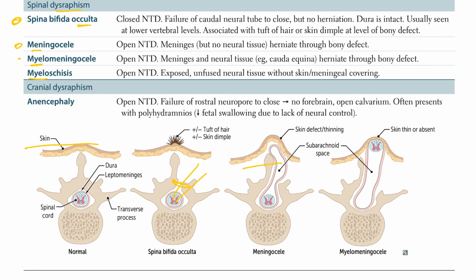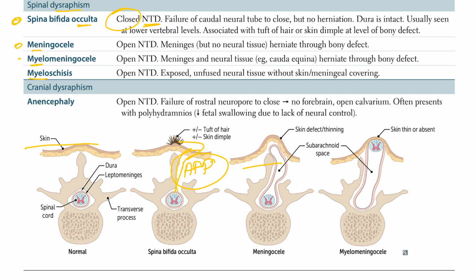Spina bifida occulta is a closed neural tube defect. Since it's a closed defect, recall that with an open defect, AFP goes out into the blood.